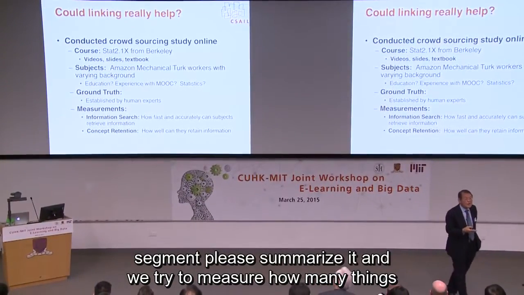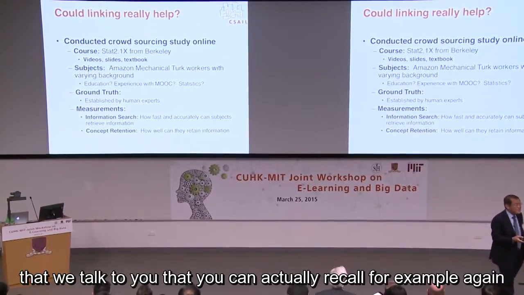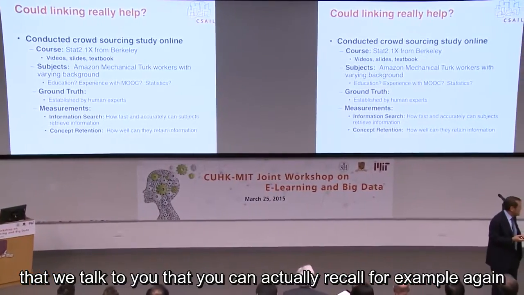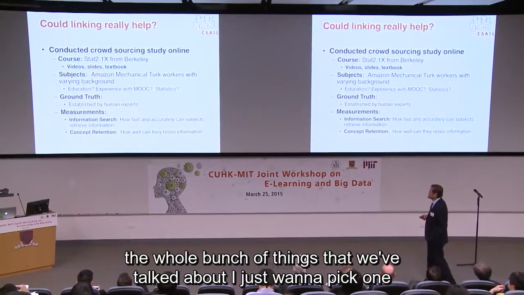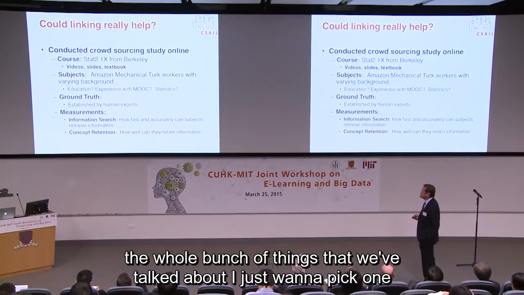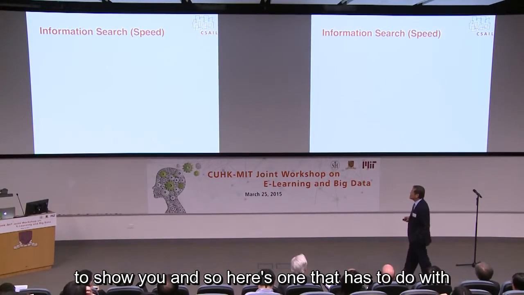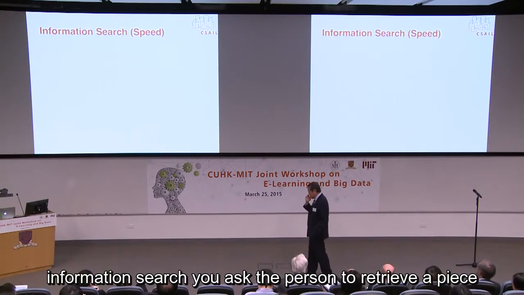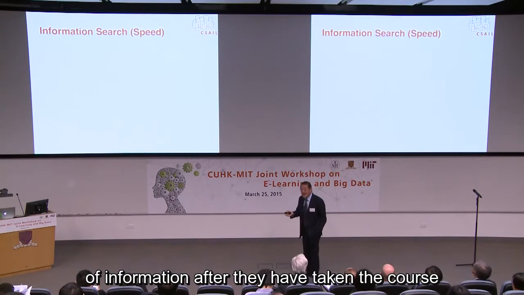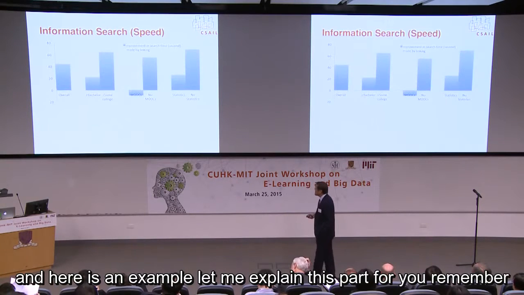And we try to measure how many things that we taught you that you can actually recall, for example. Again, of the whole bunch of things that we talk about, I just want to pick one to show you. And so here's one that has to do with information search. You ask the person to retrieve a piece of information after they have taken the course. And here is an example.